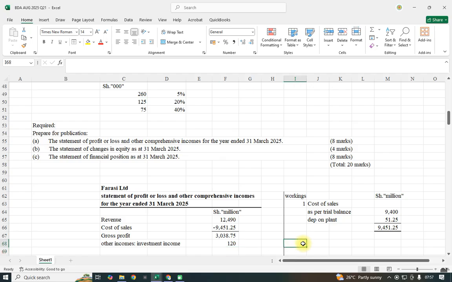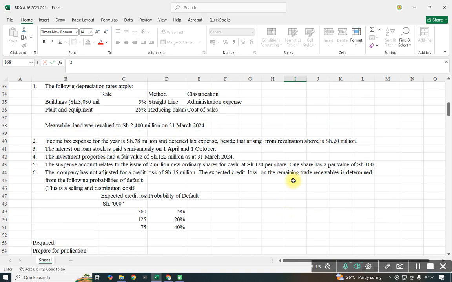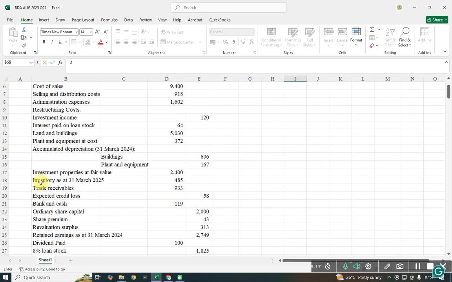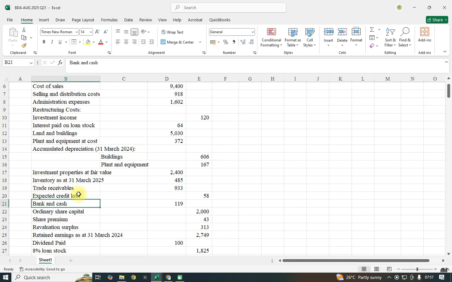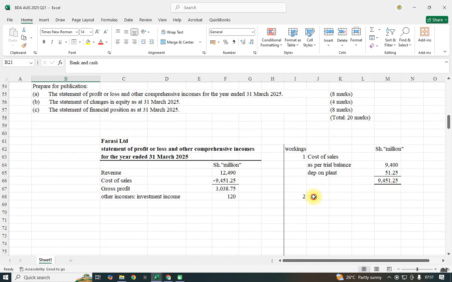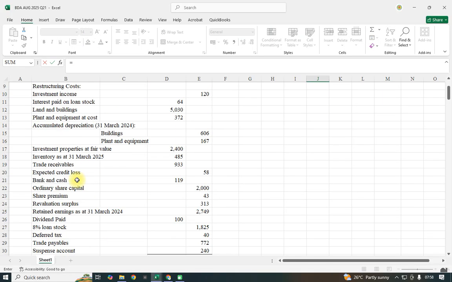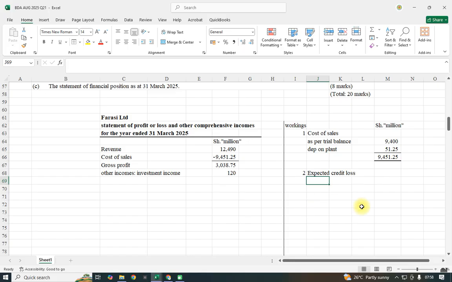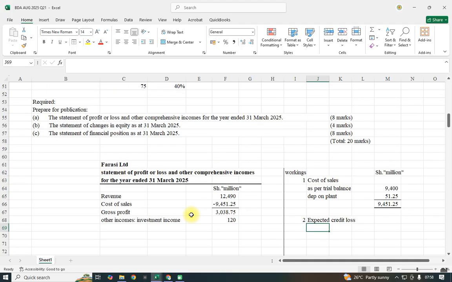Then we do the calculation for the expected credit loss. I think you have seen that expected credit loss. Remember, at the beginning we had 58 million. We need to see the expected credit loss at the end.